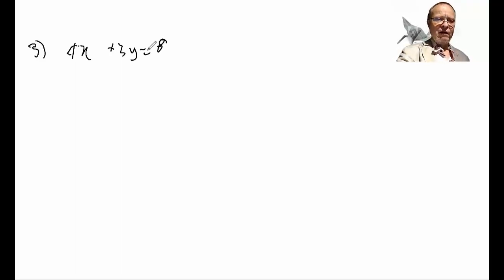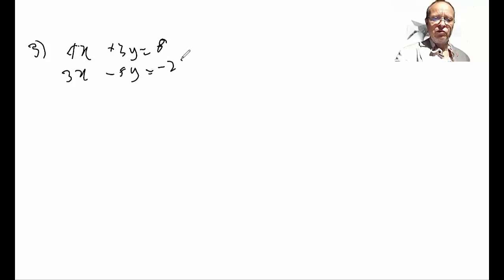And then we have 3x minus 5y is equal to negative 23. If we look at these two, we see that we can't just multiply the top by something or the bottom by something in order to make one of the variables drop out.